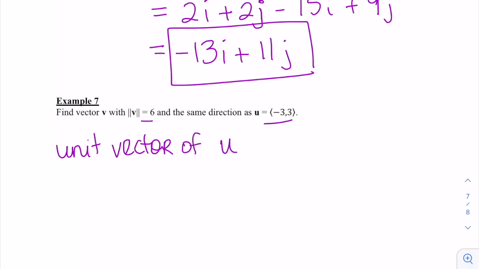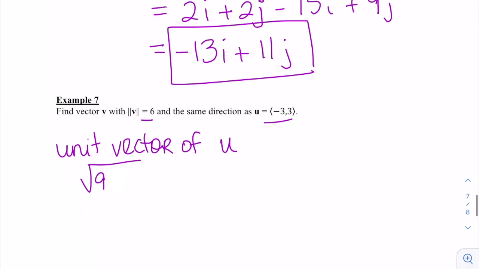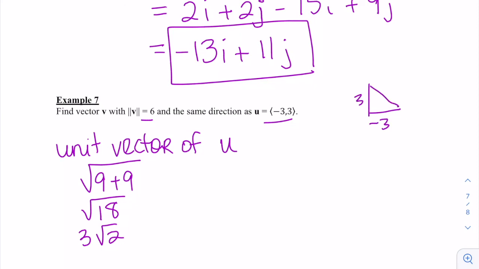And remember, to find the unit vector, we're going to first find the distance. Well, it's -3, 3, so you could probably figure that out really quickly, but that's going to be the square root of 9 plus 9. And remember, it's going to make a 45-45-90 triangle, so it's actually going to be 3 root 2. So it goes over to -3, up 3. That's going to be 45, 45. And so this would be 3 root 2. That'd be the distance or the magnitude.